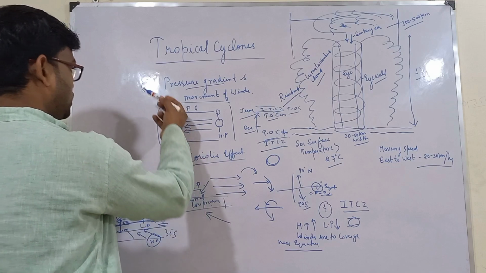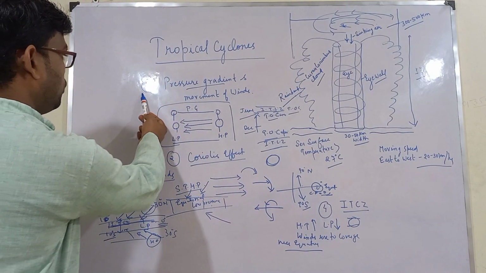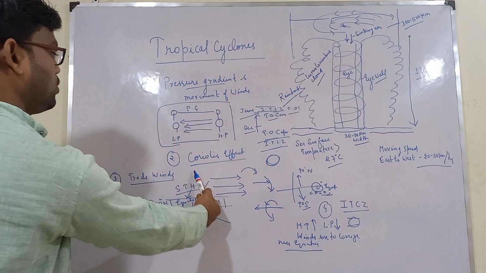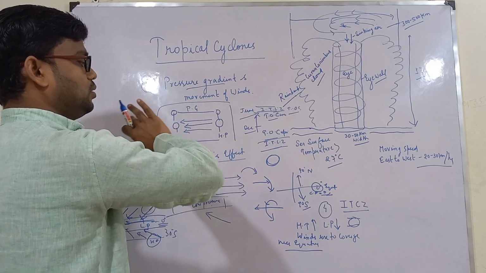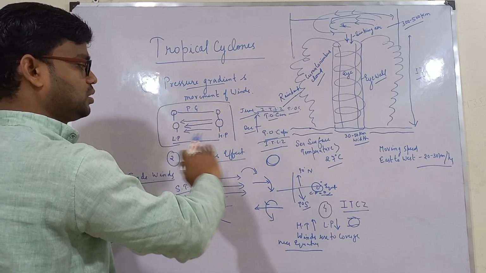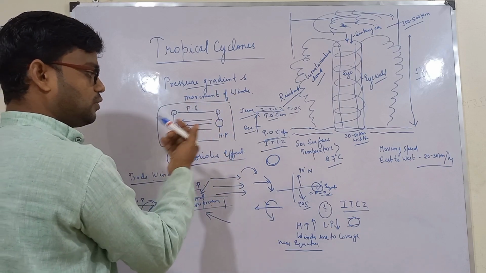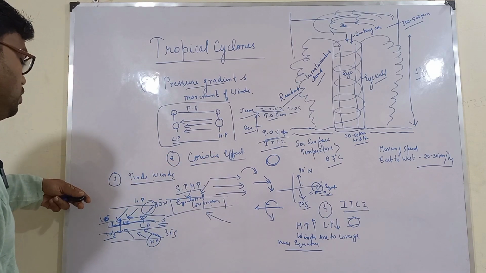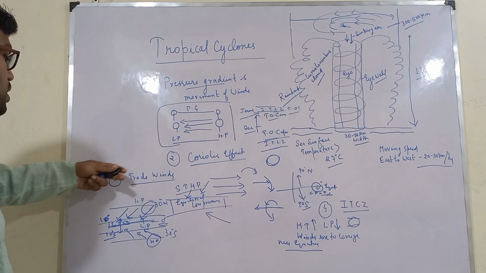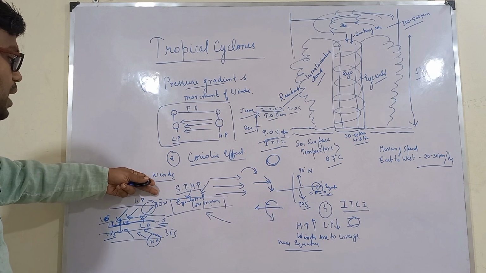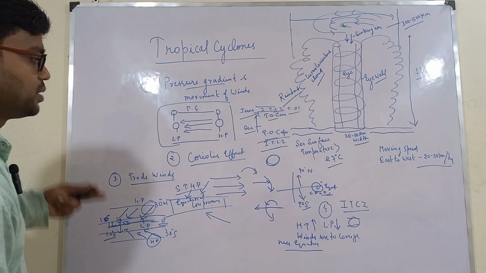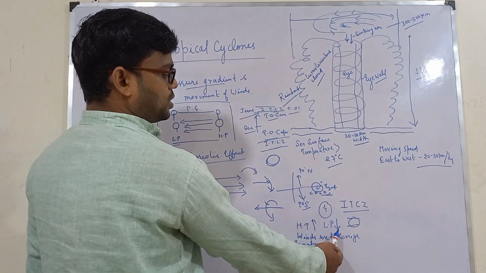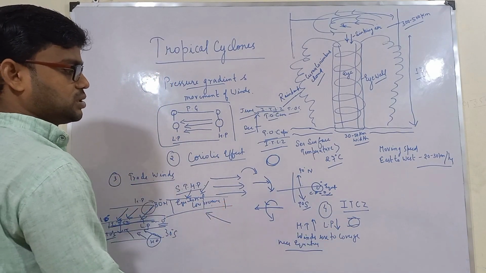Okay, so I think if you are clear with these four topics: pressure gradient, which means movement of wind from high pressure area to low pressure area; the Coriolis effect, which means the rotation of the wind or a moving object over the surface of the earth due to the rotation of the earth; third, trade winds, which means movement of wind from east to west and from the subtropical high pressure belt towards the equatorial low pressure belt; and ITCZ, a region of high temperature and low pressure where winds converge.